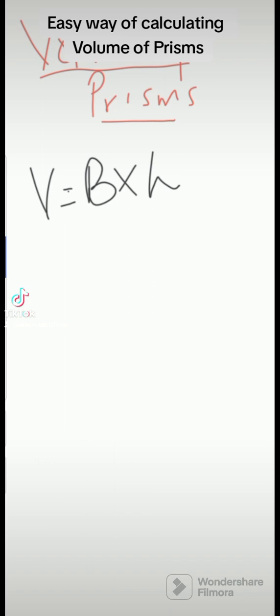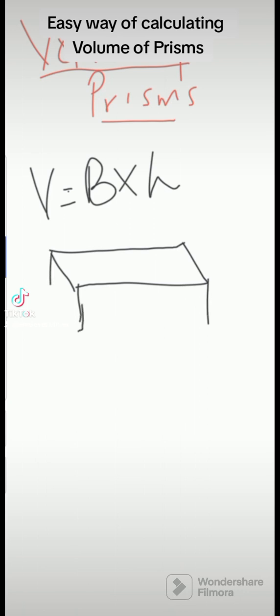For example, I'll make a little diagram of a keyboard. Let's say we have something of this nature. Given that we have 8 centimeter, then we have height to be 3.